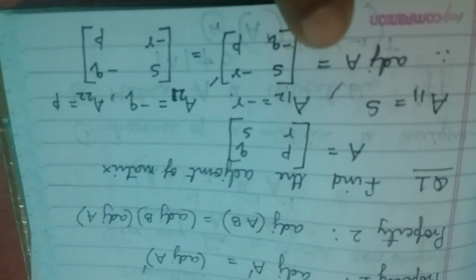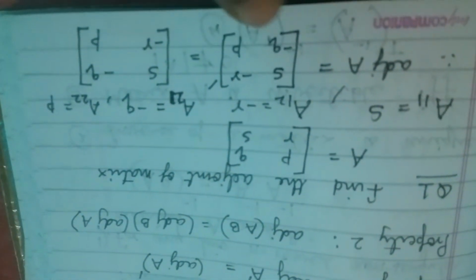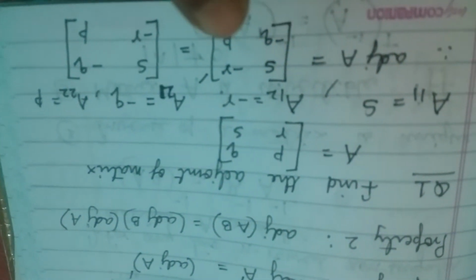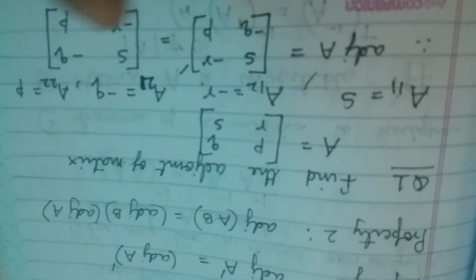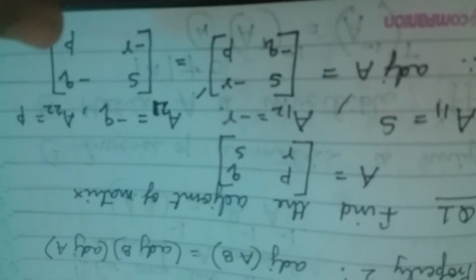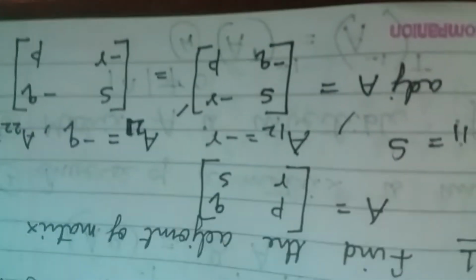Now form adjoint A. The formula says form the matrix of the cofactors and then take the transpose of it. So first we have written all the cofactors inside and then the transpose of it, means S, minus R like this, and minus Q, P like this. Okay, so in this way we can find the adjoint of any matrix.